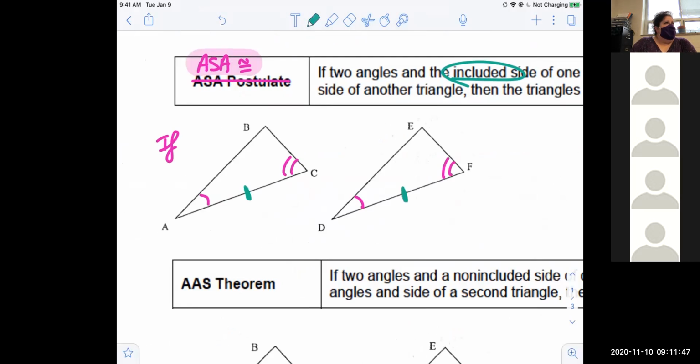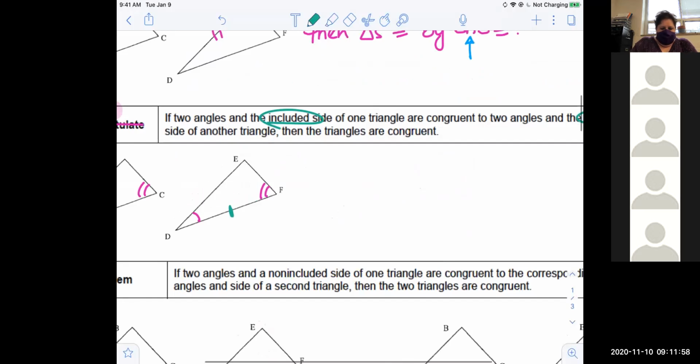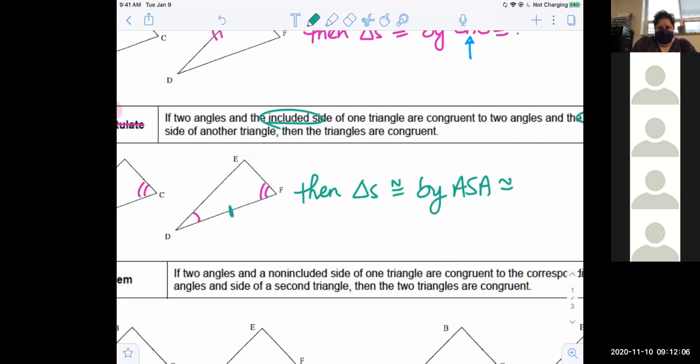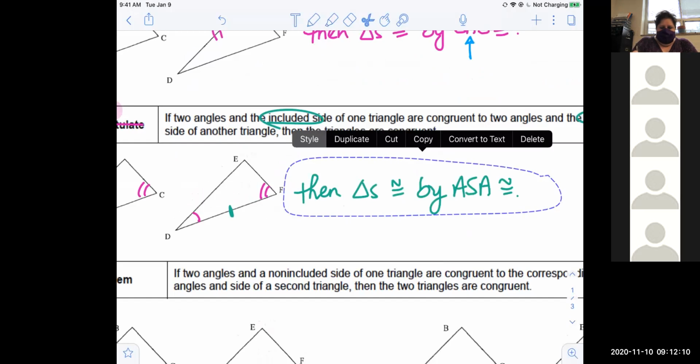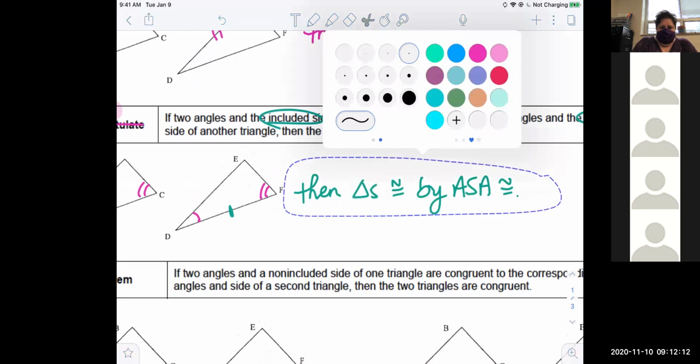Now again, angle, side, angle goes in that order. So if you have that situation, then the triangles are congruent by angle, side, angle congruence. Again, the order of the letters tells you the order of congruence that you know.